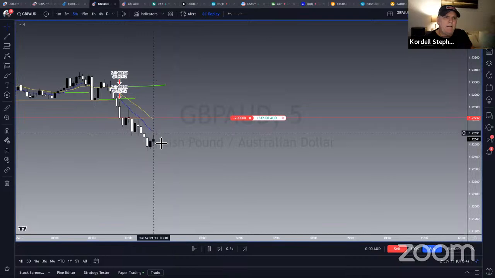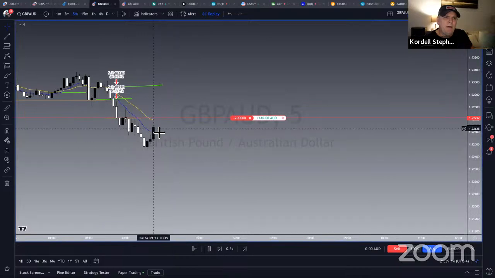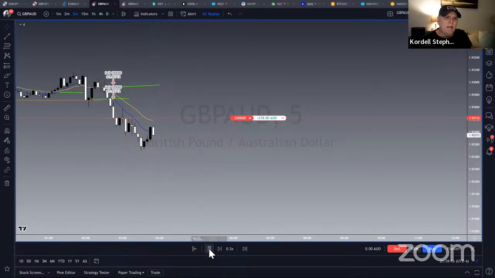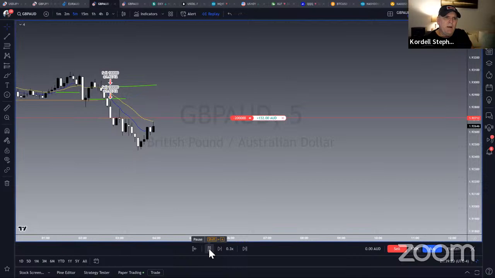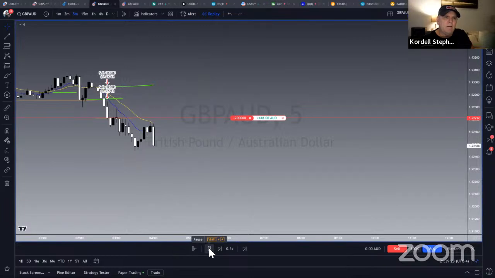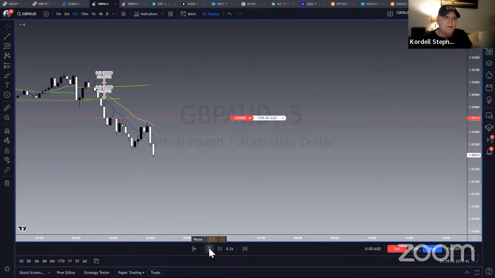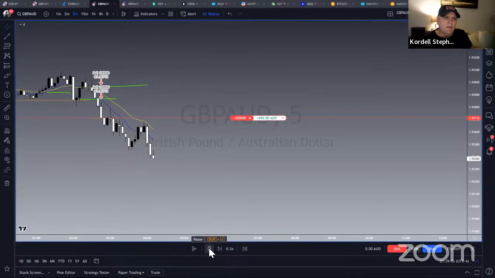Pull back. Let's see if it continues to roll over. Pull back above. Okay, let's look at this now. Okay, went up to the one right there. Okay, now it's looking like we still have downside pressure.